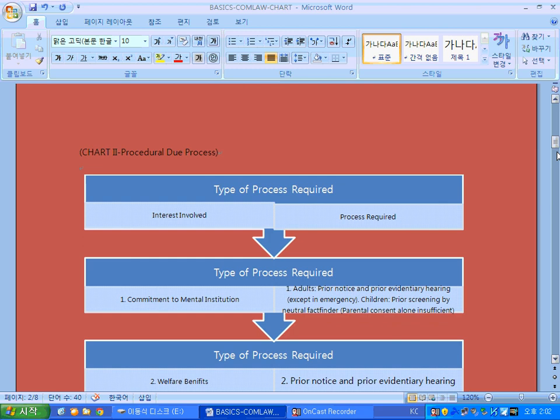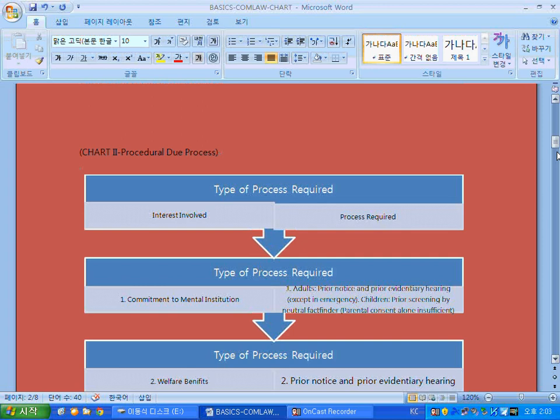As to the interest involved, the process required would be different in scope or way of handling the issue.